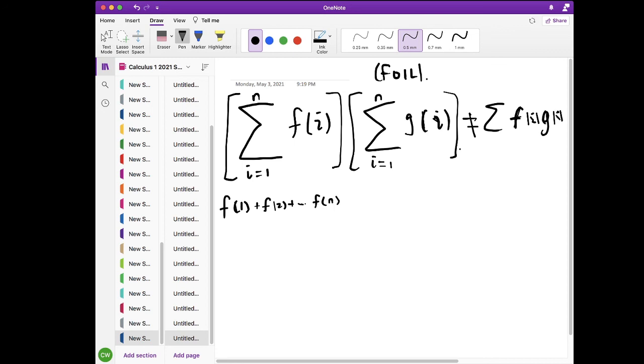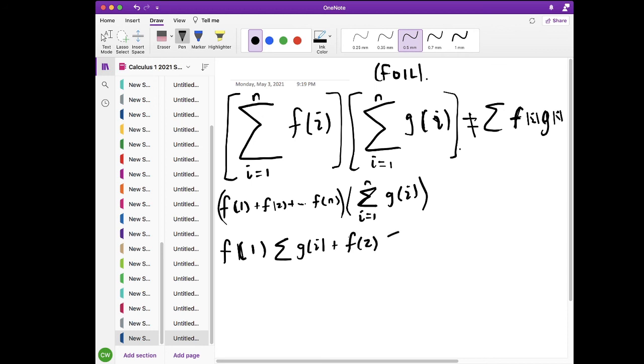And notice I'm keeping the same index. Like they're both up to n. If that wasn't true, then we'd have to do something. So I can just do normal distribution and have this as f of 1 sum of g of i plus f of 2 sum g of i, and then all the way to, I'm going to actually change this to m because it's okay, f of m sum g i.